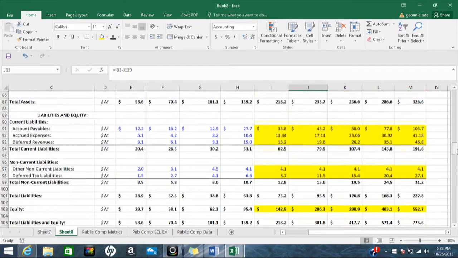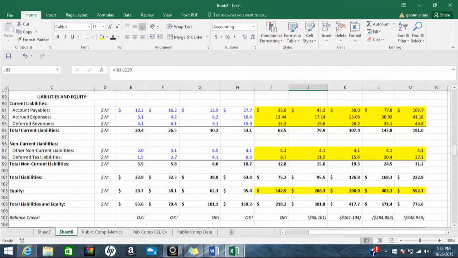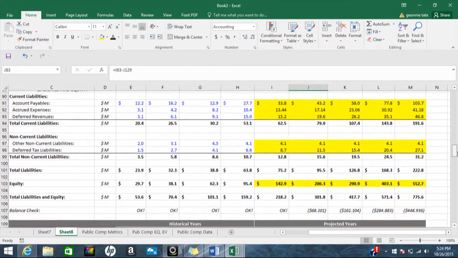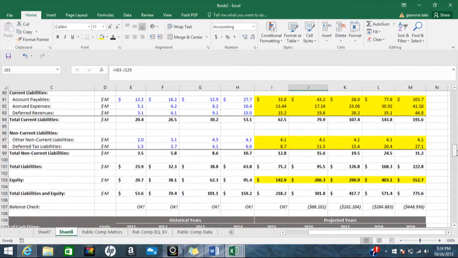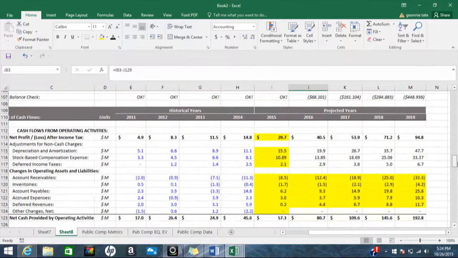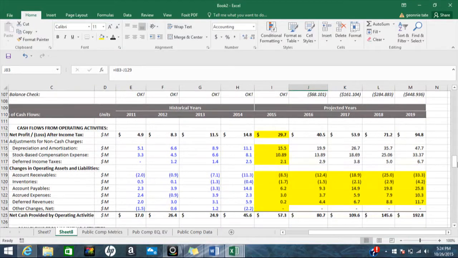Let me check on the PP&E. Check on the stock-based compensation. See what all this linked to for these other numbers. Check the depreciation.